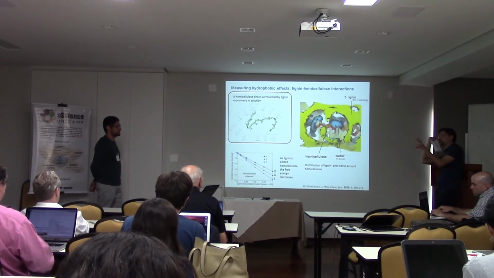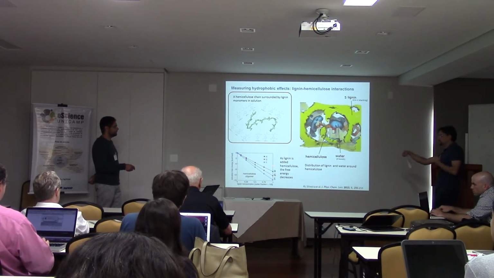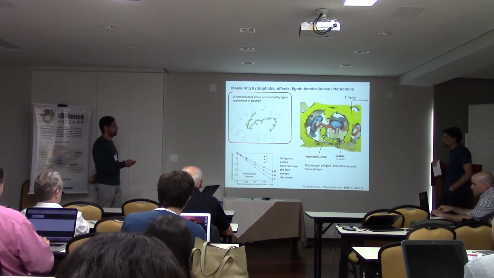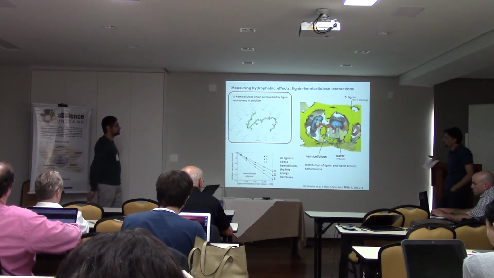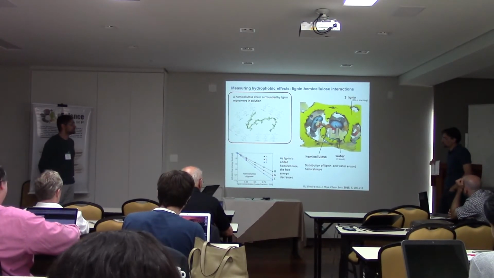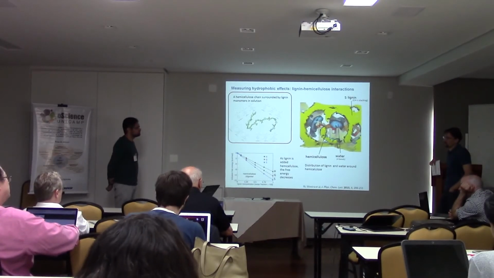If you have a purely hydrophobic solid, you mean instead of the lignin? Yeah, instead of the hemicellulose. Okay. If you have a purely hydrophobic solute, you probably get the same thing. That's expected. Yeah.